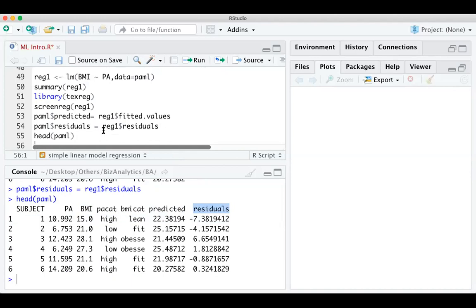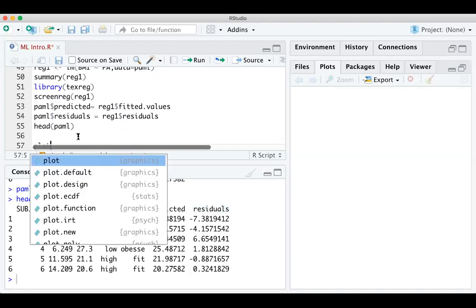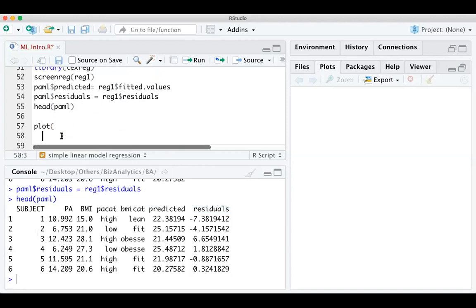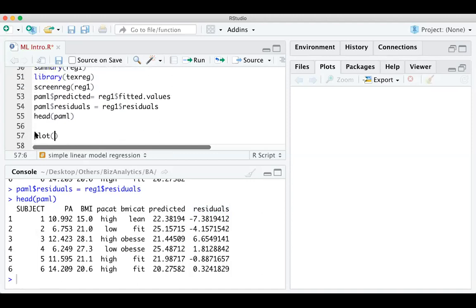Now, if you want to show the diagram including your predicted model, you can show that also. For example, we already have the plot, plot of x comma y.